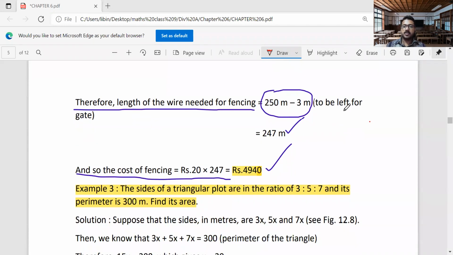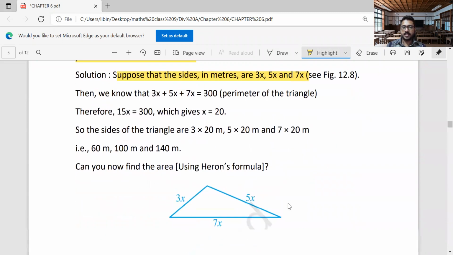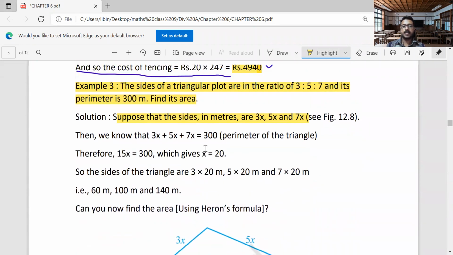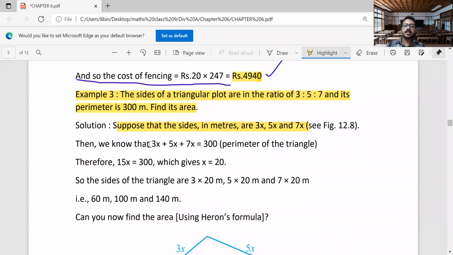Suppose the sides in meters are 3x, 5x and 7x. You can see the figure. Then we know that 3x plus 5x plus 7x is equal to 300, which is the perimeter. From this, 7 plus 5 is 12, plus 3, 15. That is 15x equal to 300. Therefore, x equal to 20. So we have found the value of x.